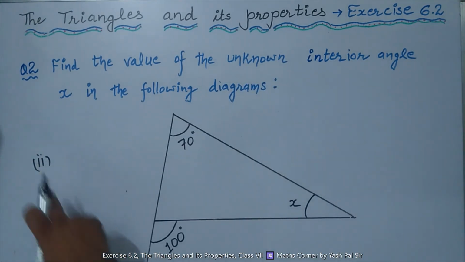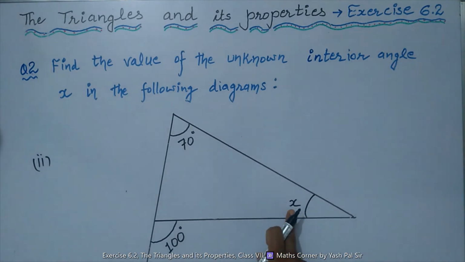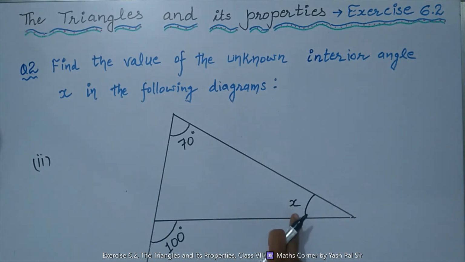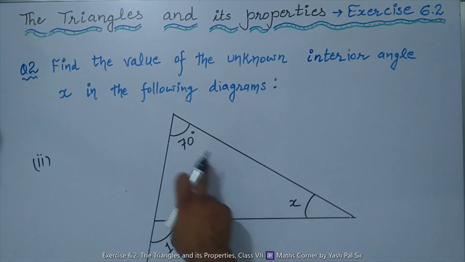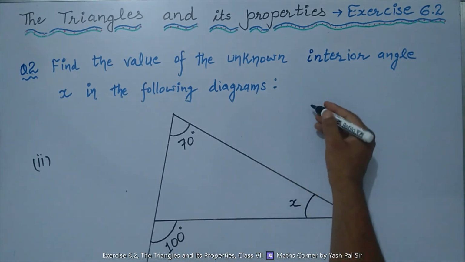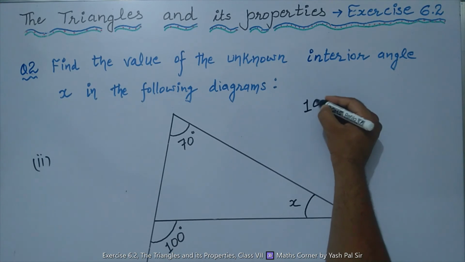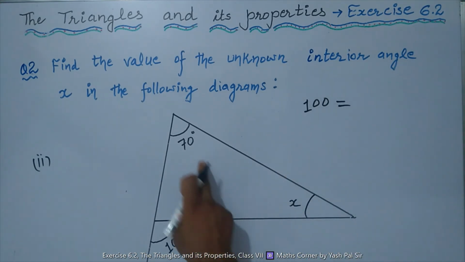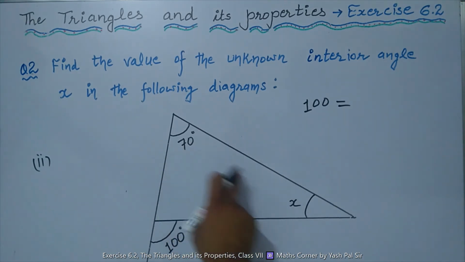Now in the second part, this is the unknown x, and the interior angles are 70 degrees and x, and the exterior angle is 100. So what is the property? The exterior angle, which is equal to 100, is equal to the sum of interior angles.